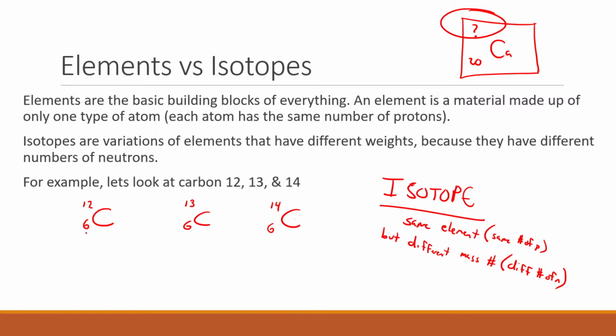Like I said before, we know that they are the same element because they have the same symbol and the same number of protons, the same atomic number. Right, so all of these have 6 protons. When we look at the neutrons now, this first one has 6. 6 plus 6 is 12. 6 plus 7 gives us our 13. And 6 plus 8 gives us 14. So these are isotopes of each other.